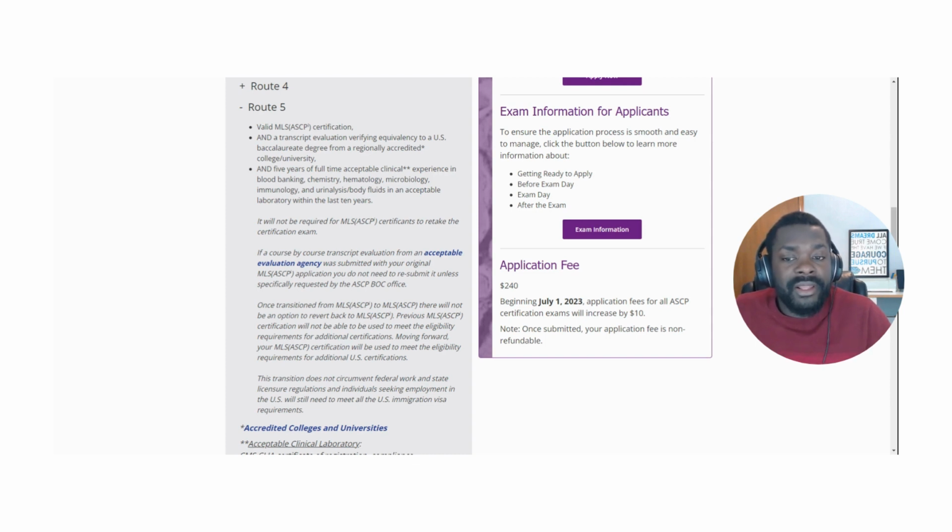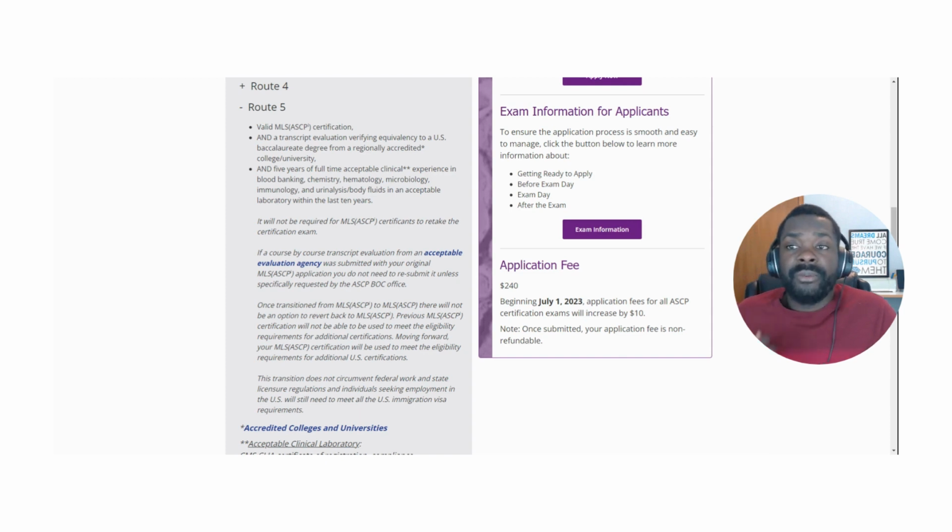And now, note that if you transfer your certification from MLS ASCPI to MLS ASCP, then you don't have an option to revert back to the international notation. All right. So please note that.